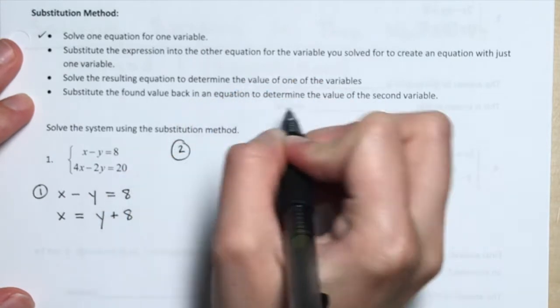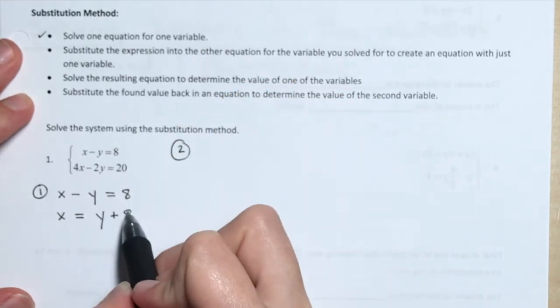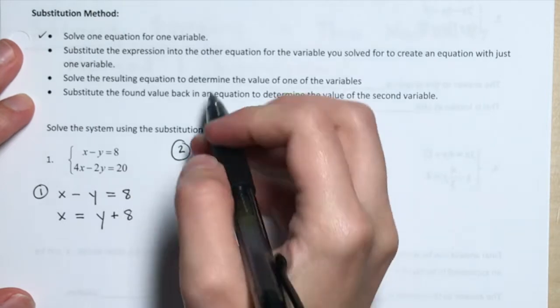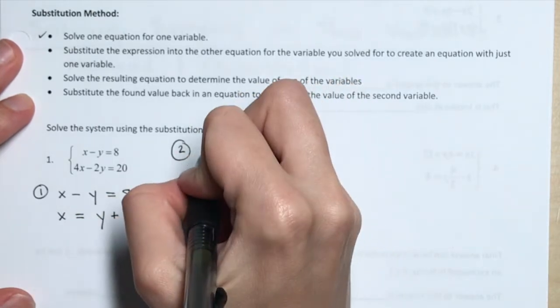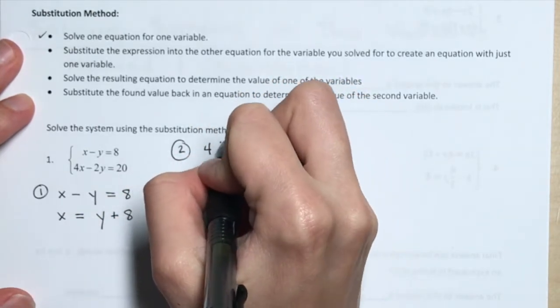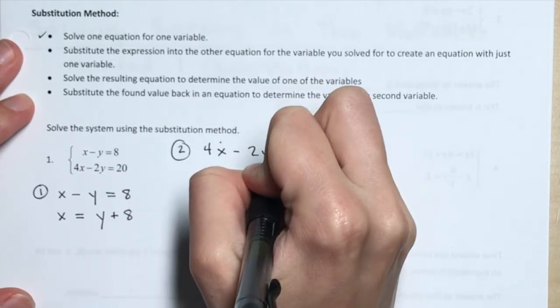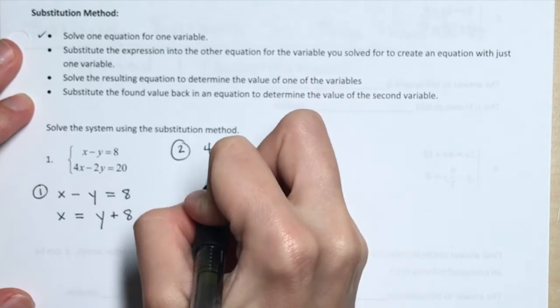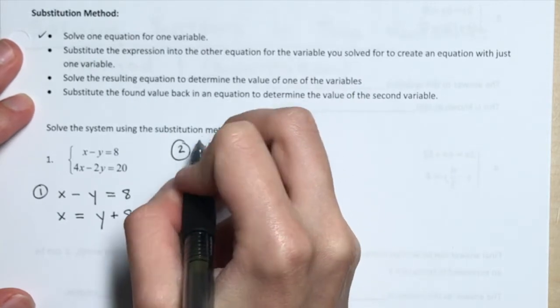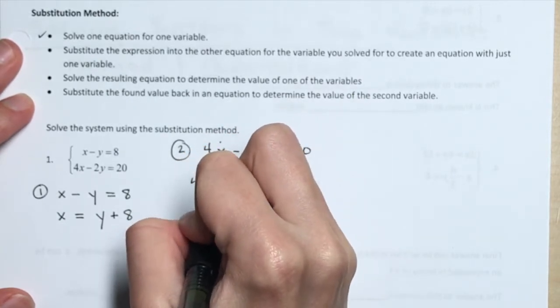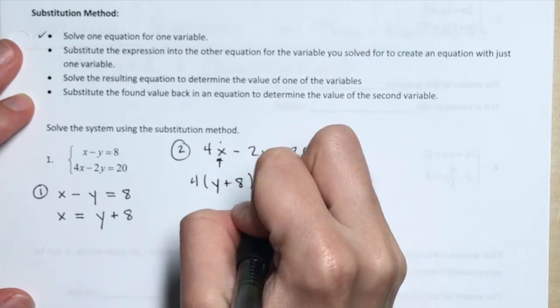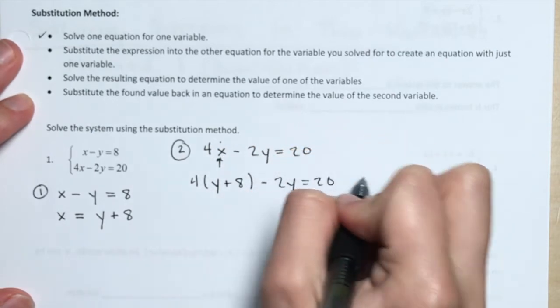So step 2, we're substituting this into our second equation for x. I'll go ahead and rewrite the whole thing over here. And then we're plugging in for x. So we've got 4 times (y plus 8) minus 2y equals 20.